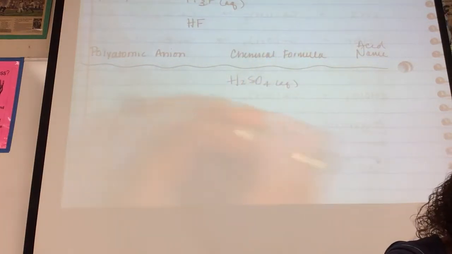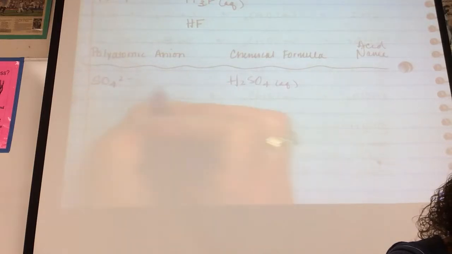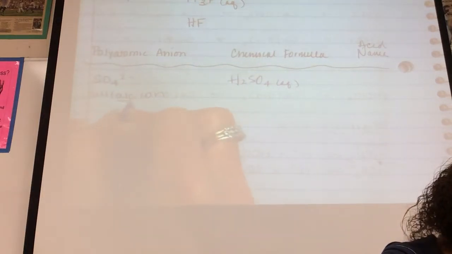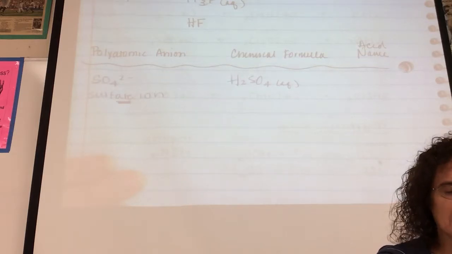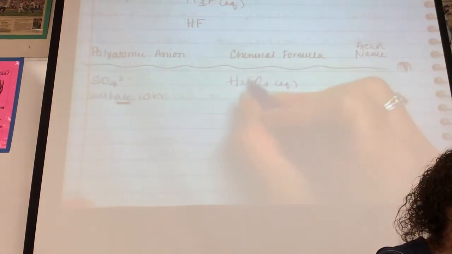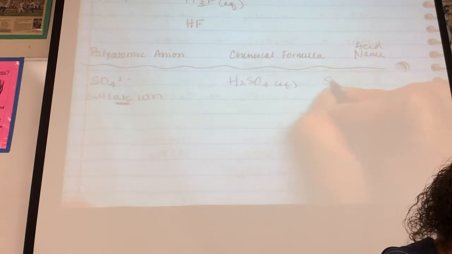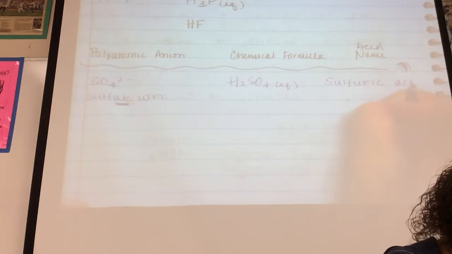I'm going to focus on the polyatomic anion. SO4 2- is a sulfate ion. The suffix "ate" in the polyatomic anion always becomes "ic" in the acid. No prefix. We've got S for sulfur, and this is going to be sulfuric acid.